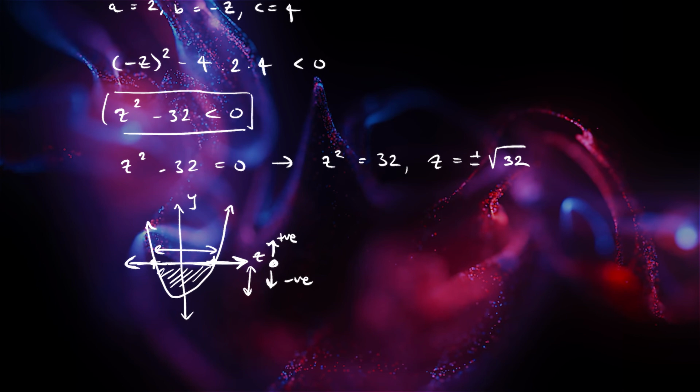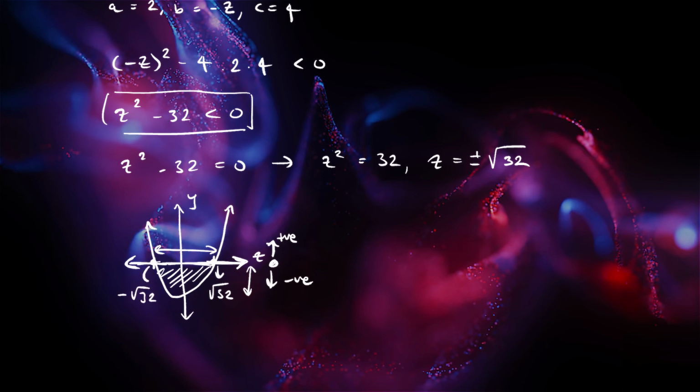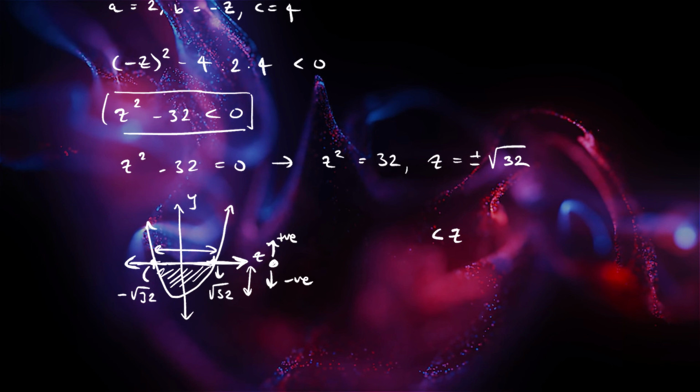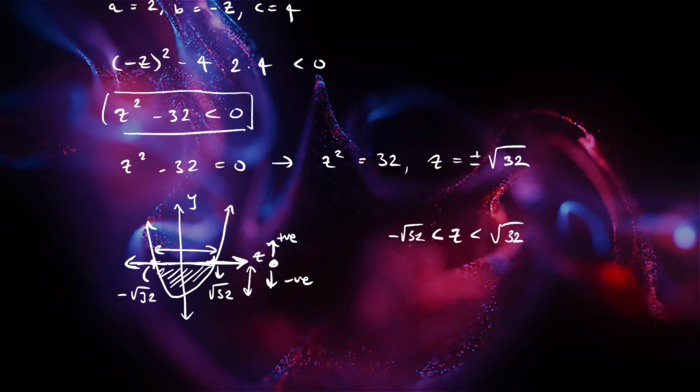So this is positive root 32, and this is negative root 32, then my solution for z would be, if z is greater than negative root 32, and z is less than root 32, right?